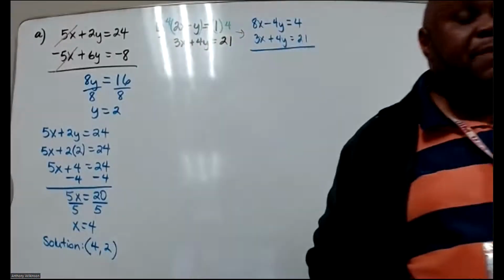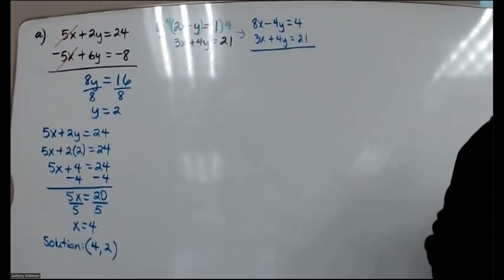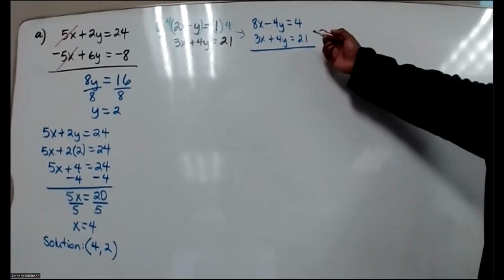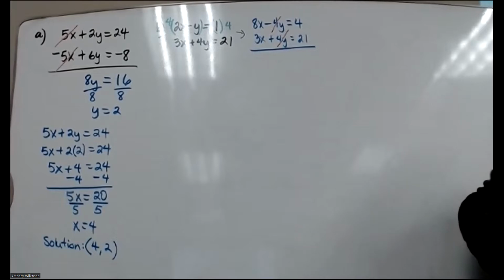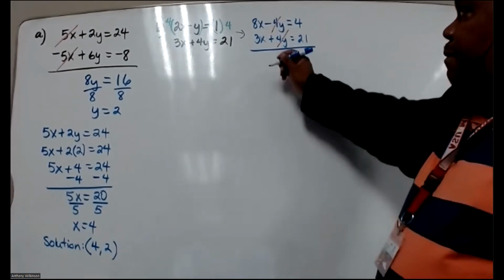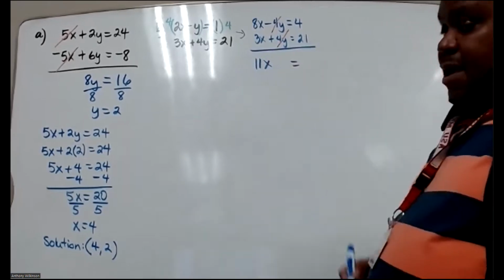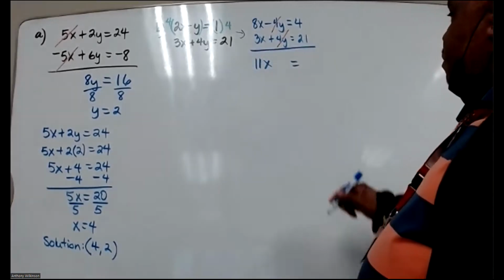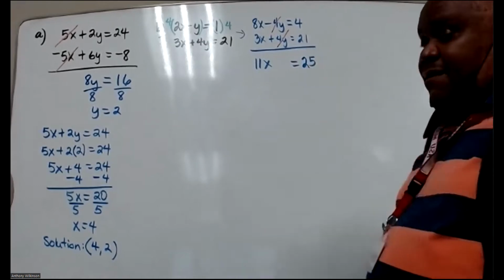And now I can eliminate the y's, the minus 4y and the plus 4y. When I add those equations, those 4y's are gone. So 8x and 3x will give me 11x, and that's equal to 4 plus 21 would be 25.